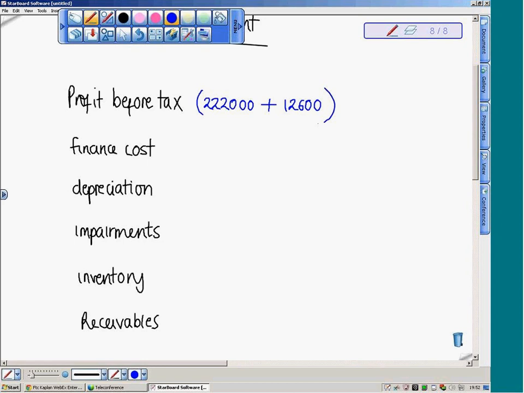Obviously, you did have this subsidiary for part of the year. You're trying to reconcile your cash position, so you technically should include the profit for that subsidiary that is mentioned in note 6.